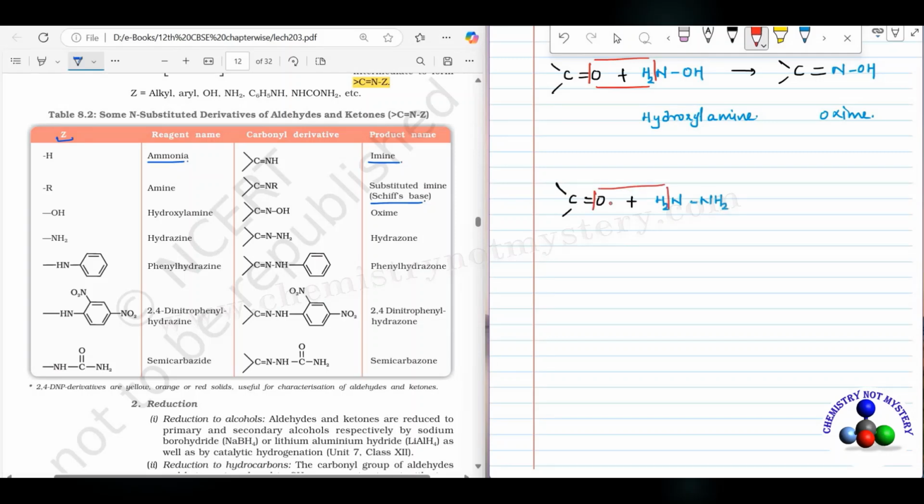So water is removed like this. So here you will get C double bond, here you will get N single bond NH2. This is called as hydrazone. This is hydrazone and it was hydrazine.